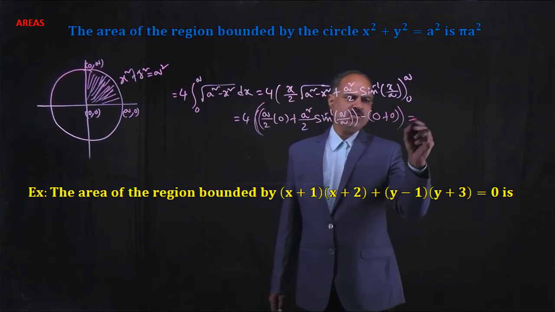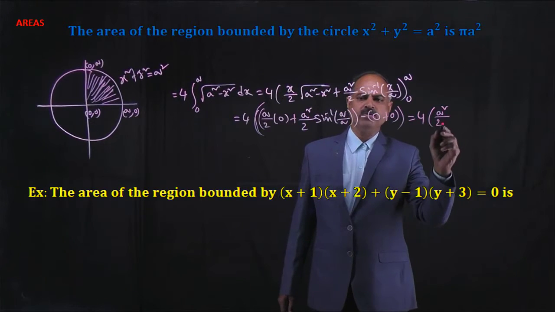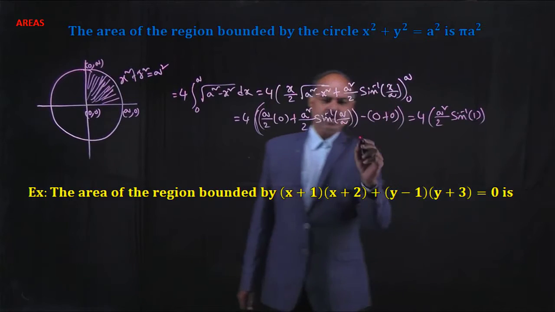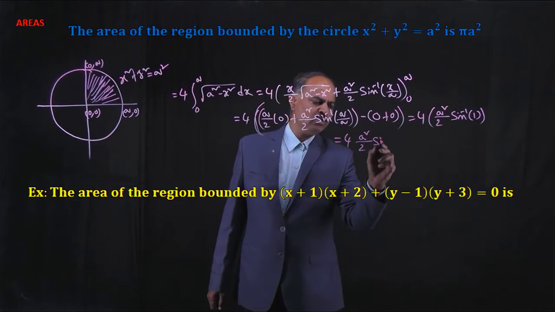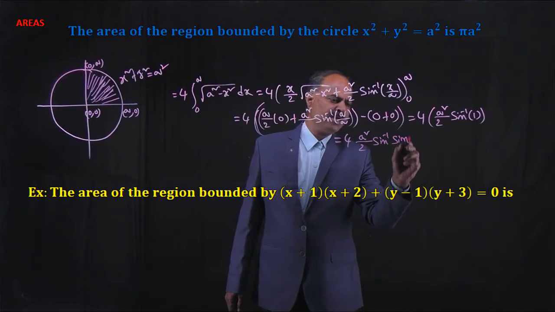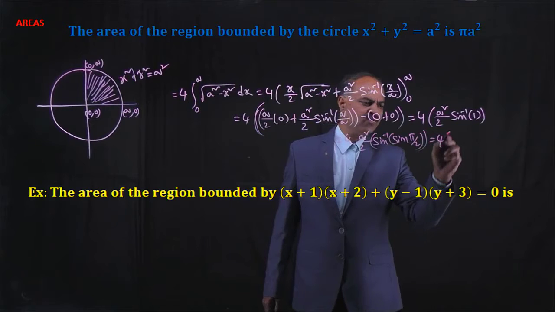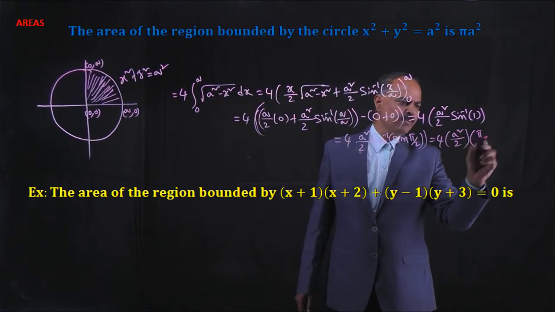Now this is equal to 4 into a square by 2 into sine inverse 1. Now this is equal to 4 into a square by 2 into sine inverse sine pi by 2. Now this is equal to 4 into a square by 2 into pi by 2.